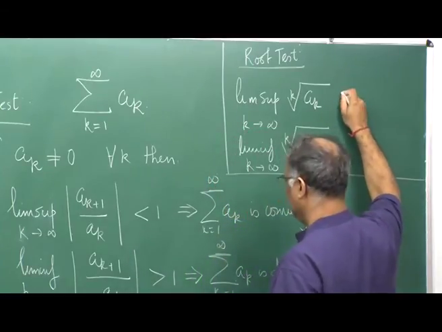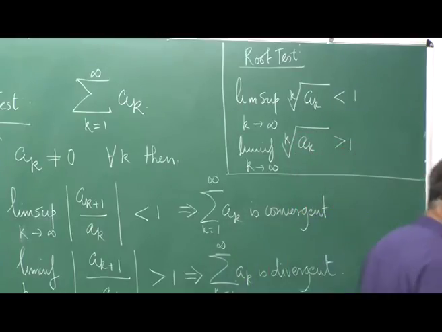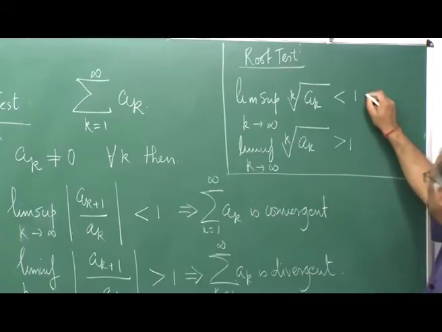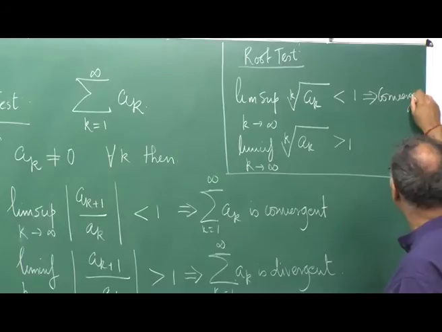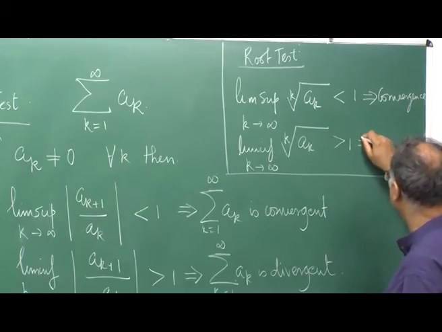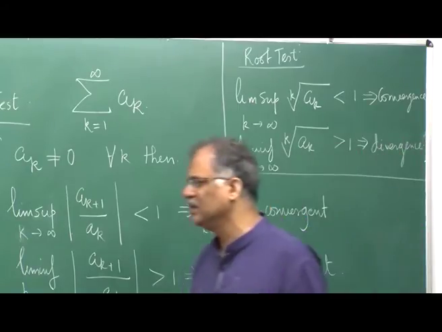If this is strictly less than 1, and this is strictly greater than 1, same story. So, this implies convergence and this implies divergence, but if it is equal to 1 we really do not know. This is called Cauchy's root test.